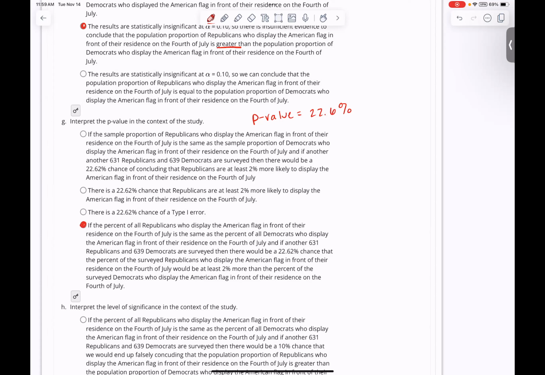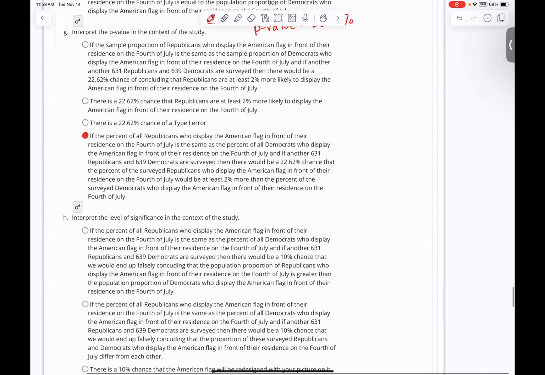If the percent of all Republicans who display the American flag in front of their residence on the 4th of July is the same as the percent of all Democrats who display the American flag in front of their residence on the 4th of July, and if we sample another 631 Republicans, 639 Democrats, there would be a 22.62% chance that the percent of the surveyed Republicans who display the American flag in front of their residence on the 4th of July would be at least 2% more. And the 2% more comes from the proportions that are calculated on your calculator.